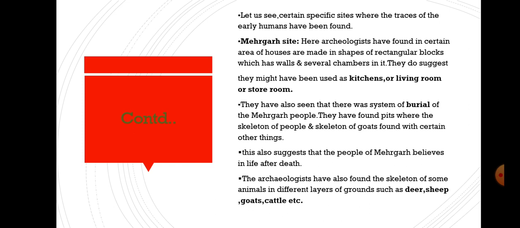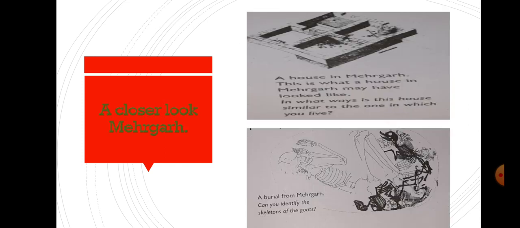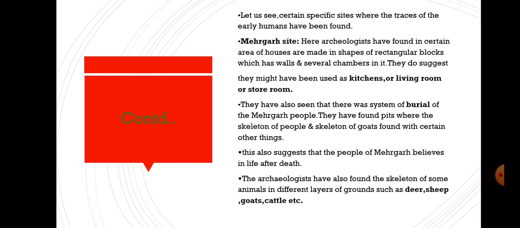Let us see certain specific sites where the traces of early humans have been found. I had already mentioned that we will take up two sites mainly, the Mehrgarh site and the last one, Daojali Hading. Right now we are discussing the Mehrgarh site, and the images relate to the Mehrgarh site only. I will show the images once again. I think the same image is given in your book also.